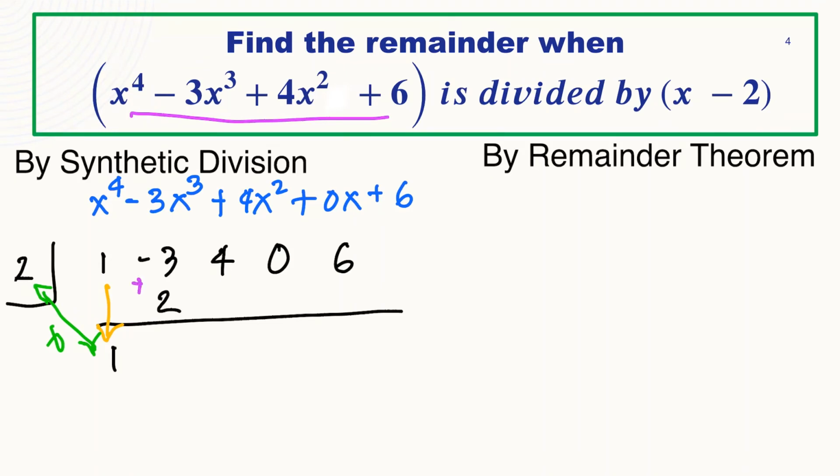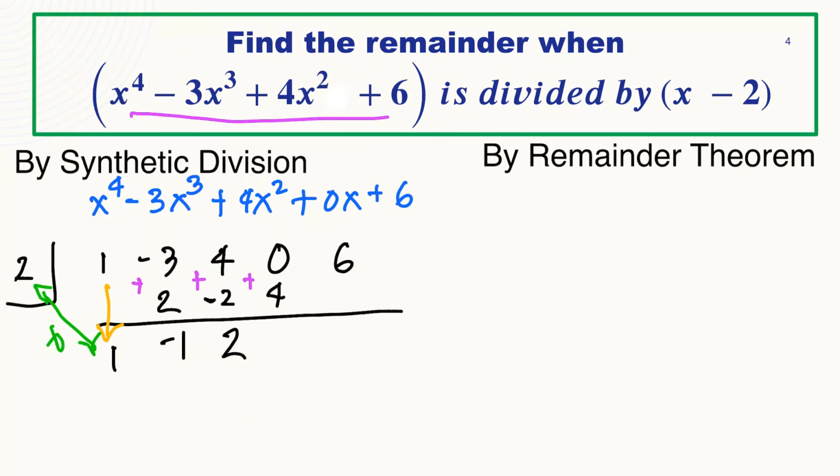Negative 3 plus 2 is negative 1. And negative 1 times 2 will give us negative 2. And 4 plus negative 2 will give us positive 2. And 2 times 2 will give us 4.